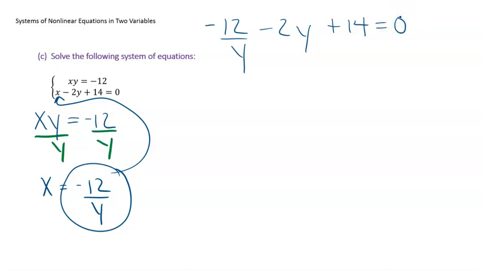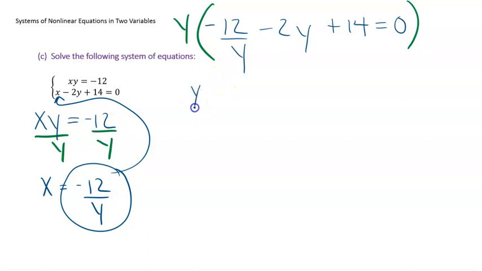Okay? Now, we all know that you don't want to solve an equation with a variable living in the denominator. Does that mean we just can't do it? No. That means you want to what we call clear fractions. Let's multiply both sides of this equation by y to get that y out of the denominator. If you need to see that happen, I will write every step.